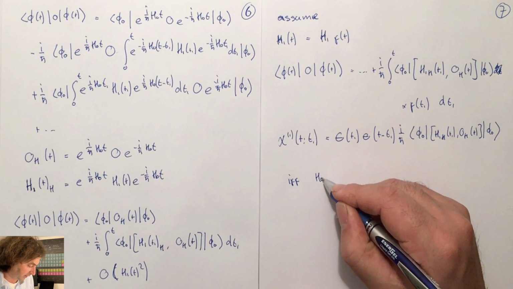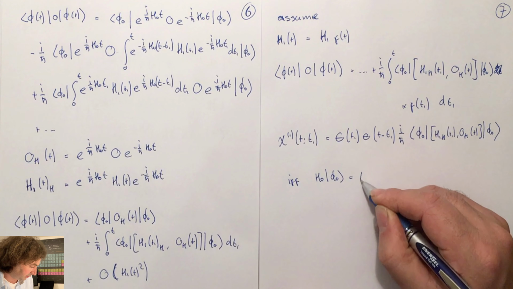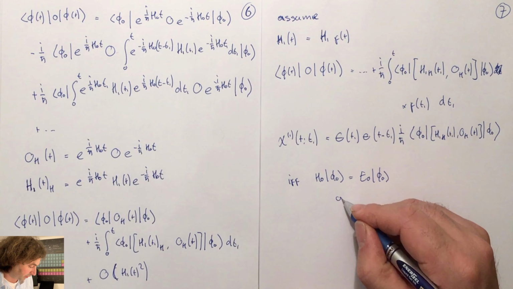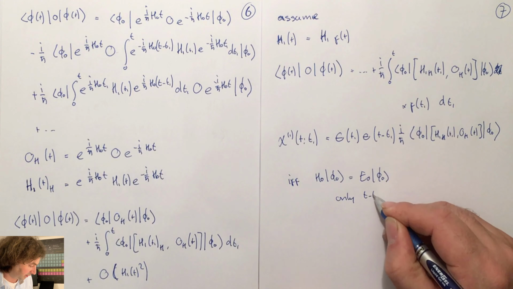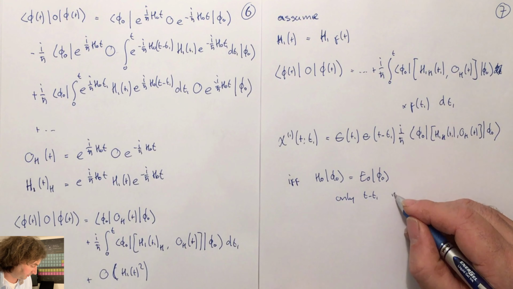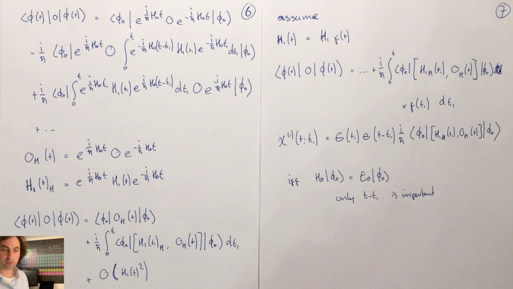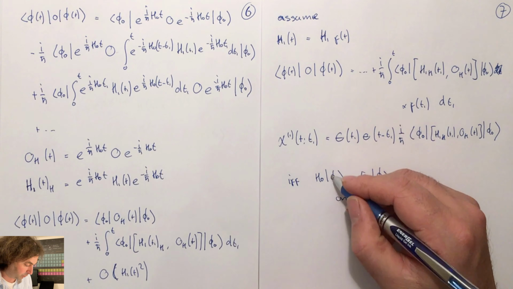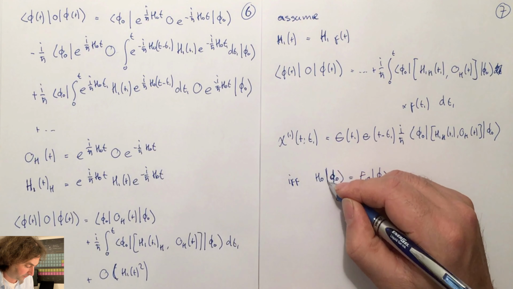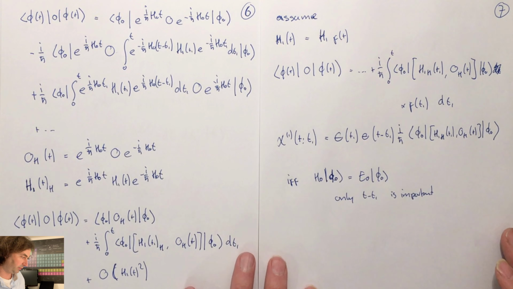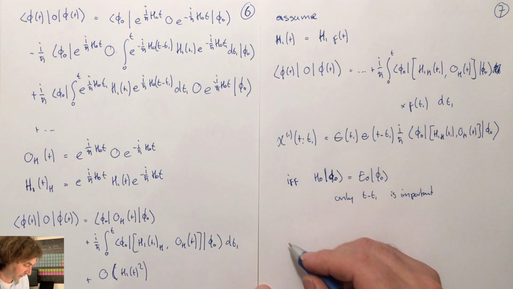So if h0 psi 0 is e0 psi 0, at that point only t minus t1 is important. Then it doesn't matter anymore when you make your perturbation. You make a perturbation and only the time after that perturbation, when you do your measurement, is important for the outcome of that measurement. Whereas when you're not in an eigenstate, then it matters at which point in time you make your perturbation and then do the measurement.